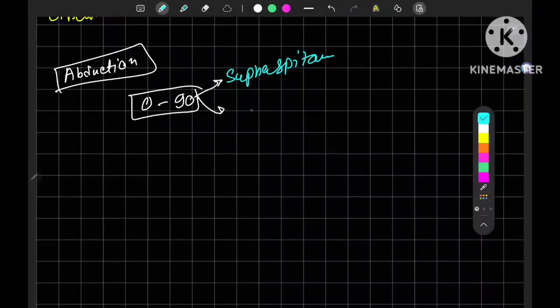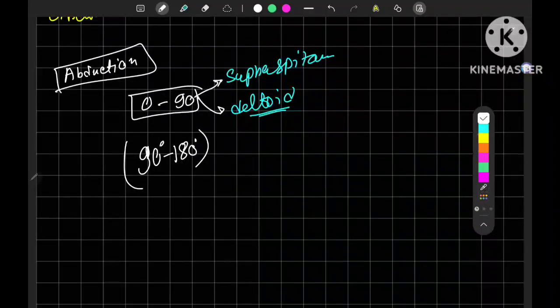Deltoid is responsible for all the movements around the shoulder joint, so deltoid is very important for your exam or viva. Then 90 to 180 is created by serratus anterior.